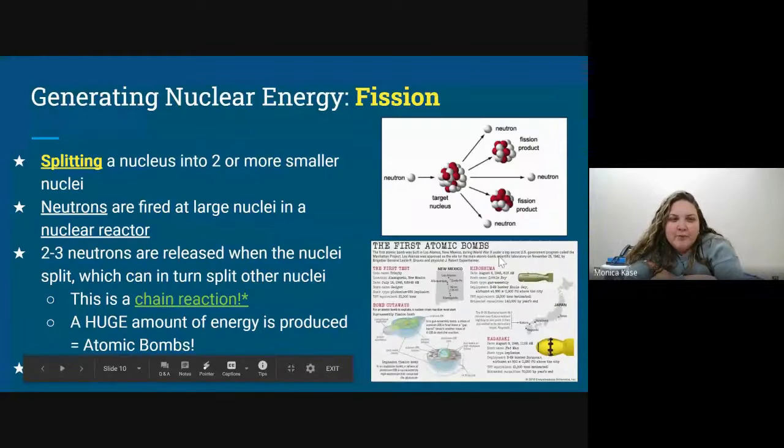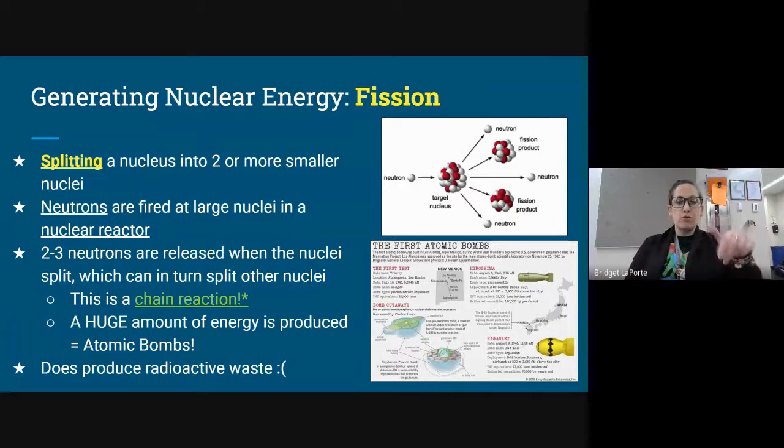All right, so a huge amount of energy is produced from this and can result in things like the atomic bomb. It also creates radioactive waste. As a result of fission, it does create radioactive waste, and some of what you saw were those byproducts.